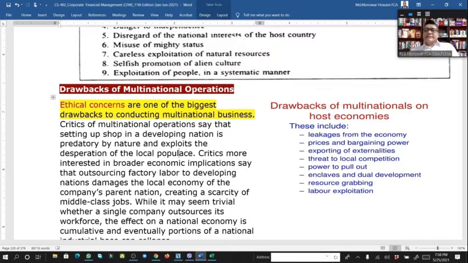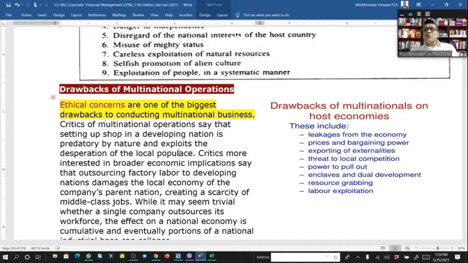So what would happen? We know all prices depend on demand and supply. So if you have the ability or facility for bargaining, how much the price would be for that product, that stage can happen through multinationals.